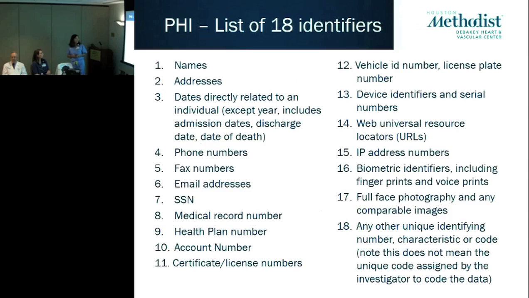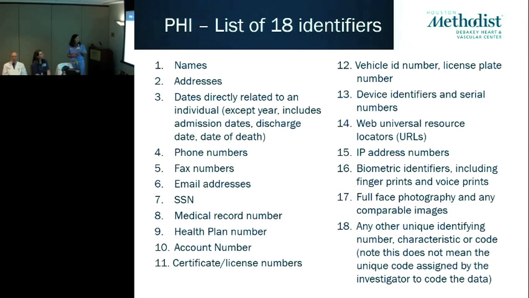This is a list of 18 identifiers that qualify as PHI. If you're going to use any of these identifiers in your research, in your retrospective reviews, then that's an identifier. Also note dates, except the year. You can have a year, but if you have an admission date, a discharge date, or a date of death, that can identify a patient.